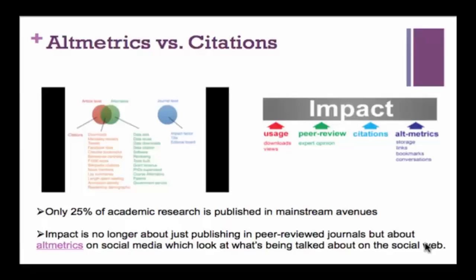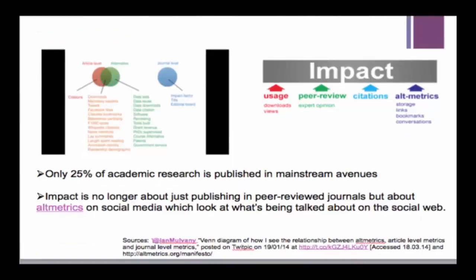Now, these alternative metrics allow you to gauge impact in the social media sites: what is being downloaded, what links have been clicked on, what's been bookmarked, what exactly is being spoken about or discussed on social media. So impact is no longer just about publishing in peer-reviewed journals, but it is about alternative metrics on social media, which look at what's being talked about on the social web.